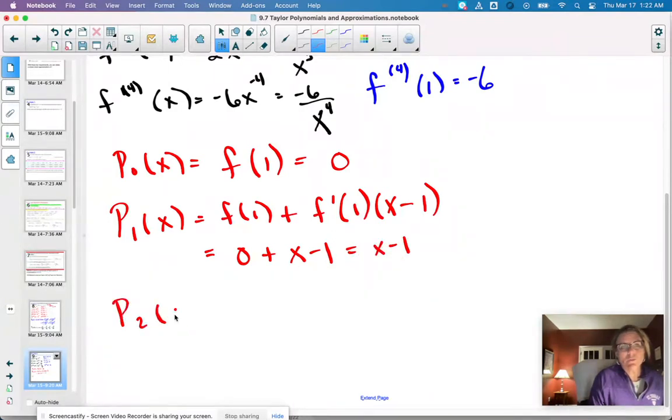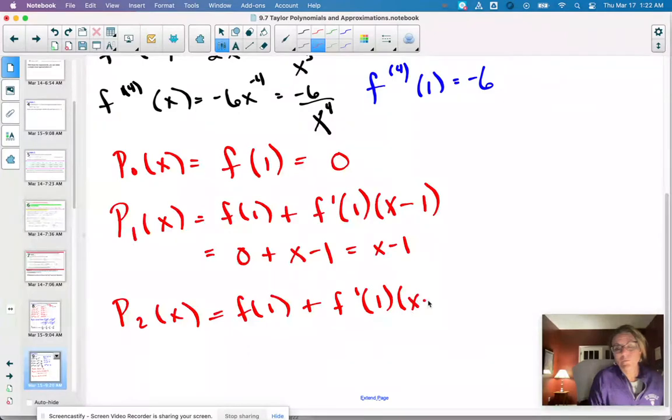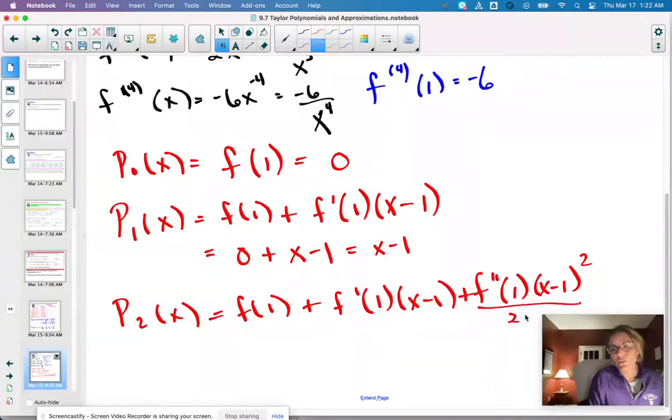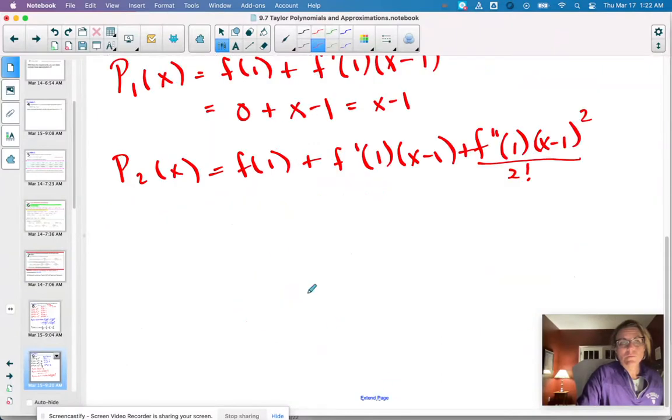And the polynomial of degree 2 is going to be f of 1 plus the first derivative plus the second derivative times x minus 1 squared, all over 2 factorial. Just double checking this, that looks good.